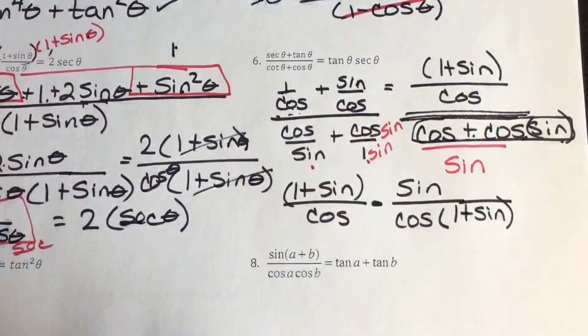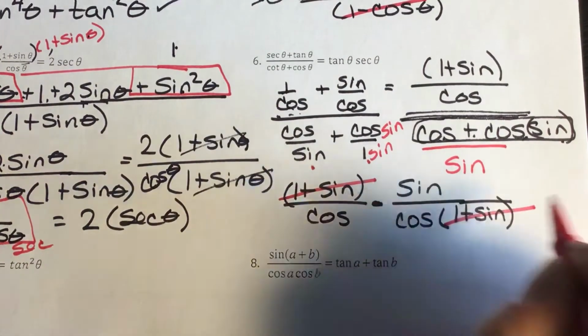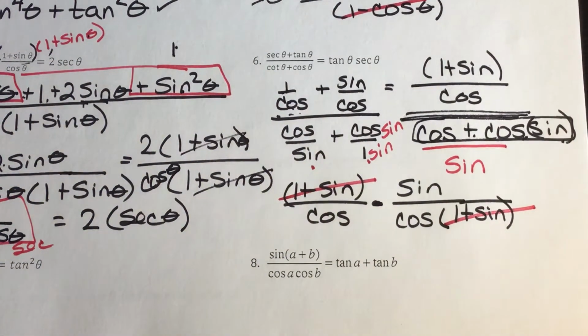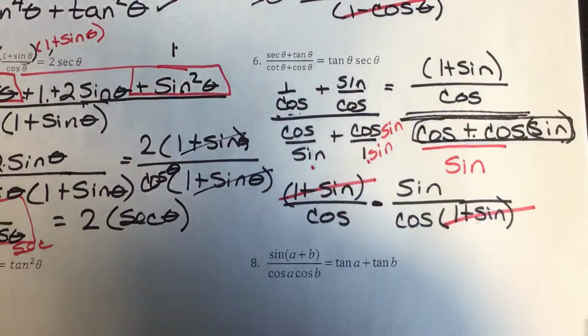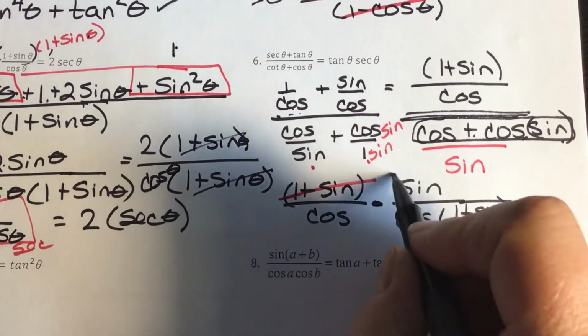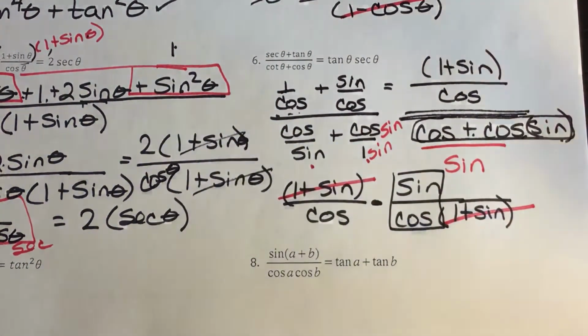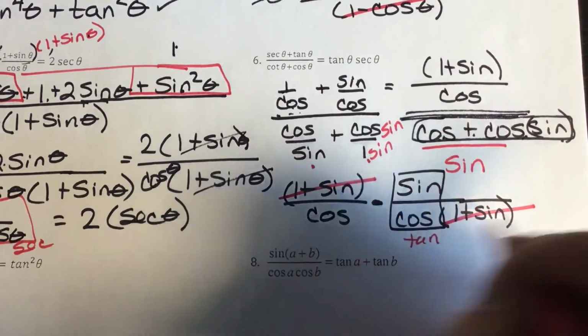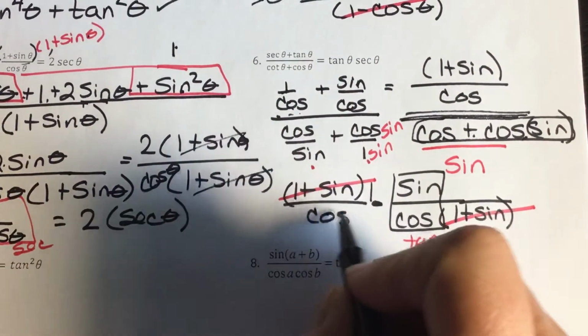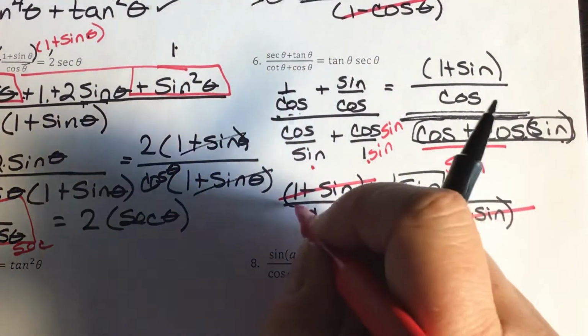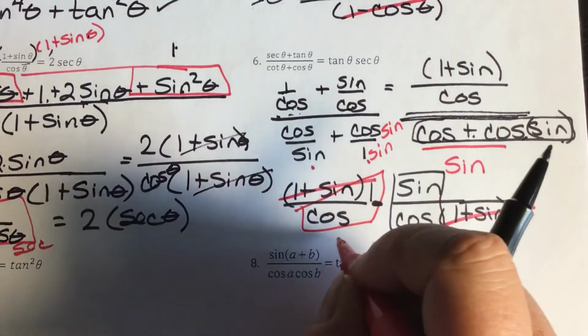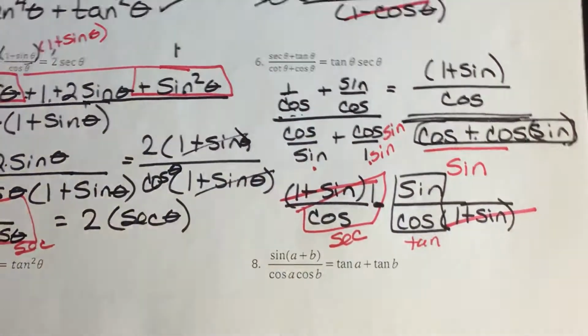All right, so it's nice that these 1 plus sines will cancel, and I'm left with sine over cosine, and this is tangent, and then I have 1 over cosine, and this is secant.